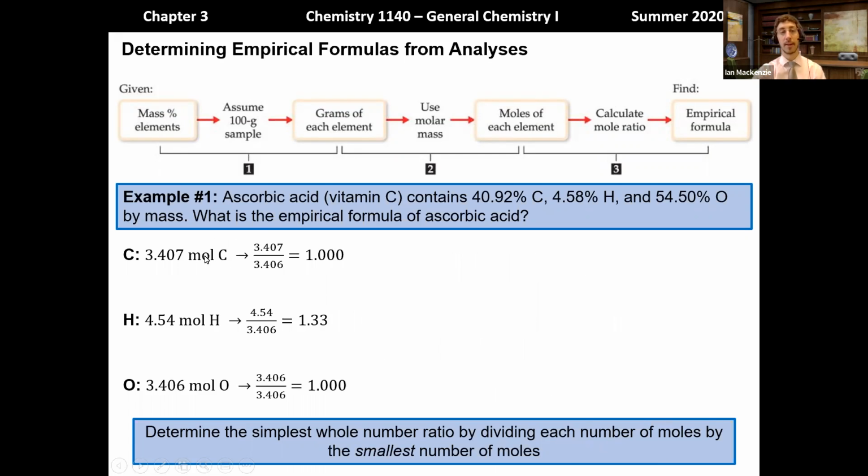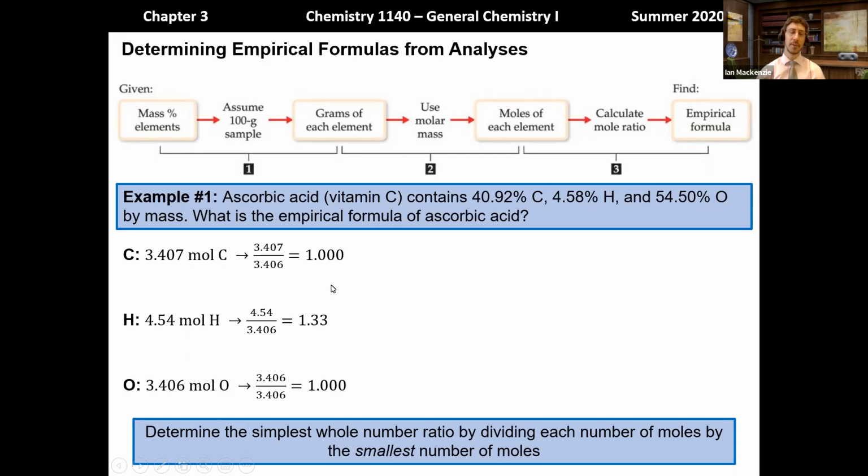So if I take the amounts in moles for each of these and divide by the smallest number, which is the number for oxygen, I come out, of course, with just 1 for oxygen. It comes out to be 1.33 for hydrogen and approximately 1 for carbon as well.